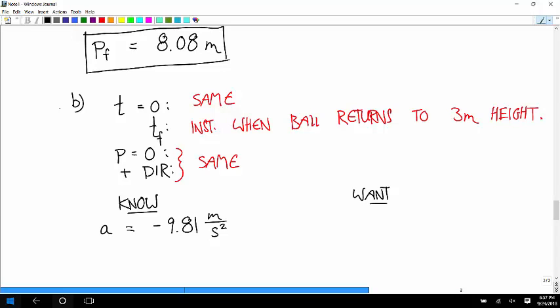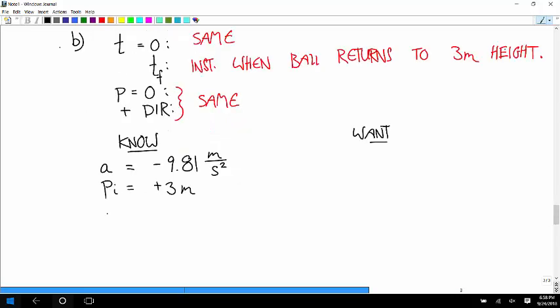Do we know the position at time equals 0? Yep. Do we know the position at time final? Yes, I'm writing it. That's 3 meters again, right?